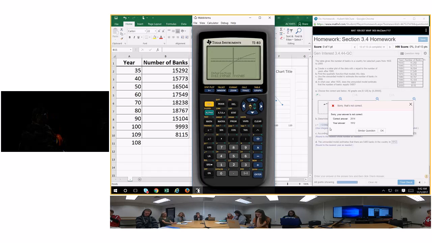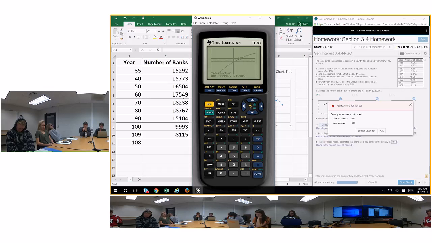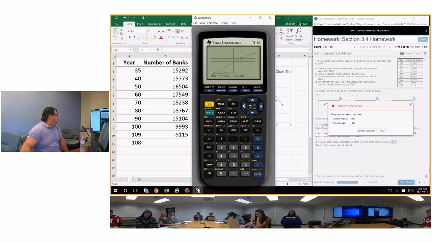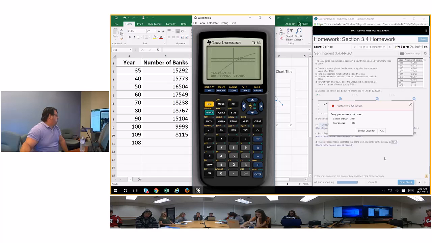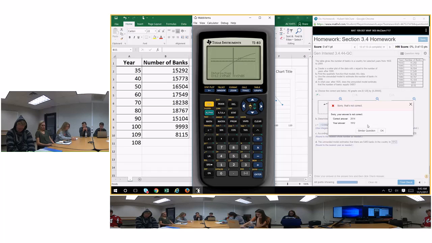The unrounded model estimates there are 5,485 banks in the country. Well, yeah, because it's right here. I don't understand why they get 2014.